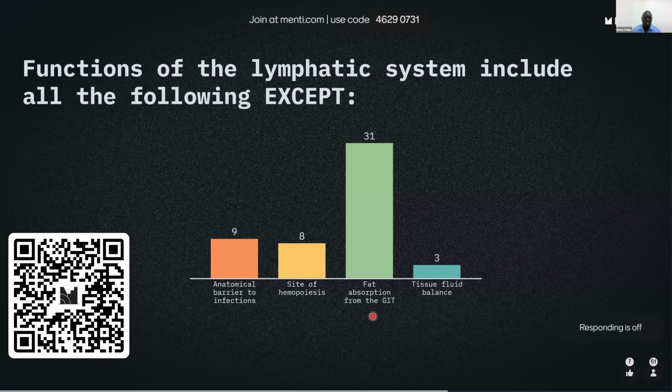I know you've not done GIT physiology, but when nutrients are being absorbed from the intestines into the circulation, carbohydrates, proteins, vitamins, and water will be absorbed into the bloodstream from the intestines. However, fat and fat-soluble vitamins do not go to the bloodstream. They go to the lymphatic channels, which we call lacteals.